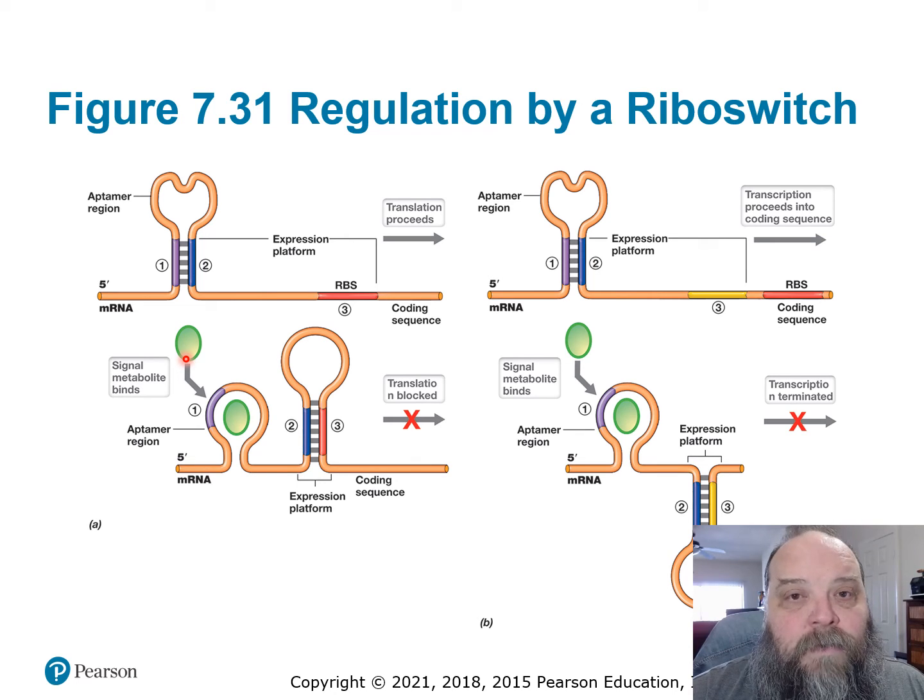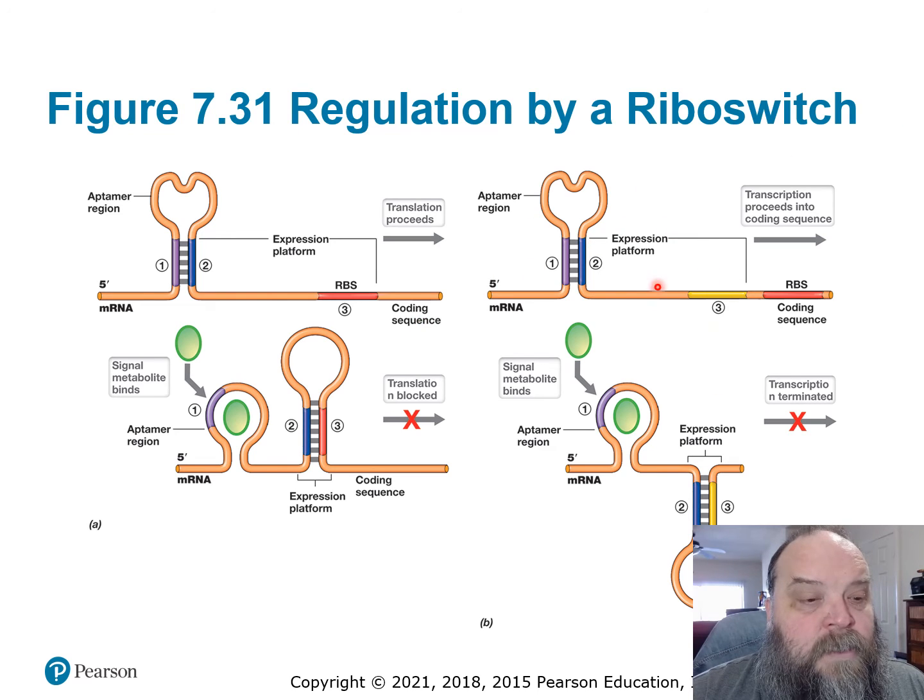Protein enzyme turnover, enzyme levels drop, which means given enough time, this metabolite level will also drop, which means this goes away, and it turns out 1 to 2 is more stable than 2 to 3. So then it shifts back to this, and ribosomes can go back to doing their job of translation of this coding sequence, this gene or this operon.